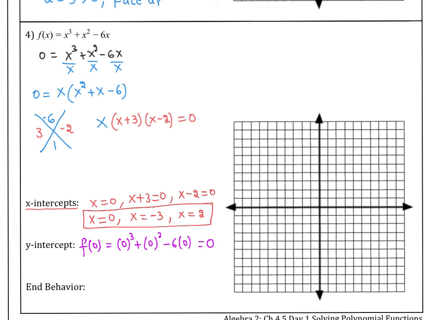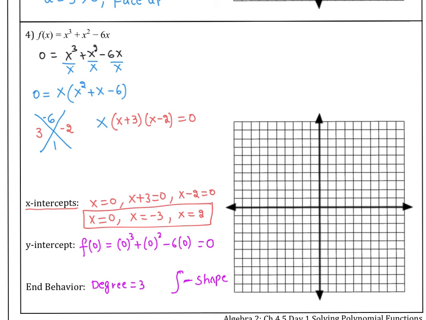And behavior depends on the degree. The degree of this graph is 3, so it's an S-shaped graph. Leading coefficient is greater than 0 because leading coefficient here is 1.